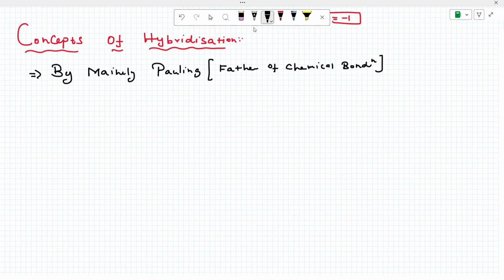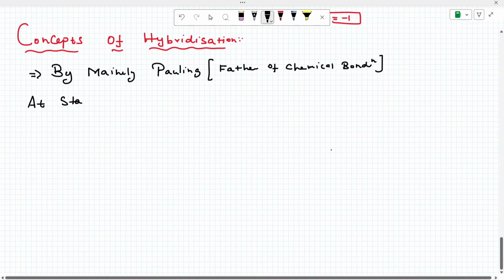Now for the initial concept, we take one molecule, methane, and discuss hybridization from different aspects.